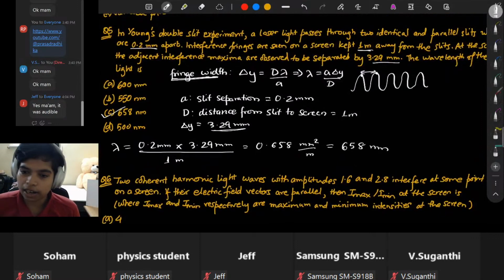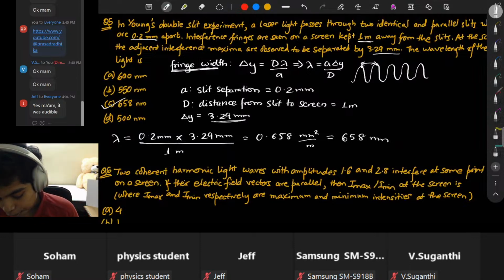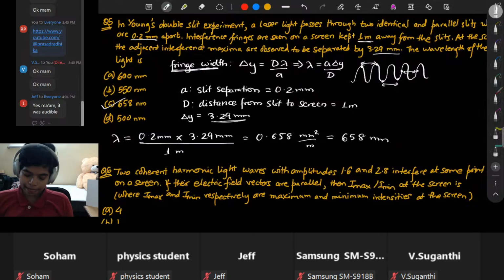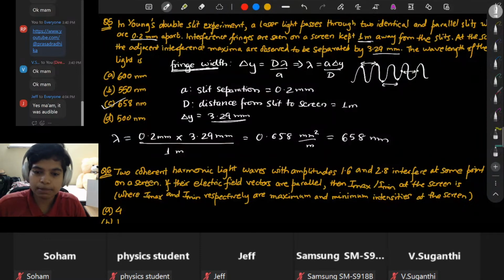So the crucial aspect in this question was the concept of fringe width. What is a fringe width? Fringe width is the separation between successive maxima or successive minima, or basically any points having the same phase difference. So this and this is also fringe width. But experimentally, it is always easier to find the positions of either maxima or minima.